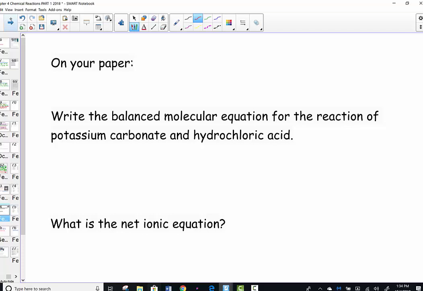It breaks apart into 2 K plus and 1 CO3 minus 2. Right now, you haven't balanced yet, but your skeleton is almost there. You have to do some charges, even with that guy.